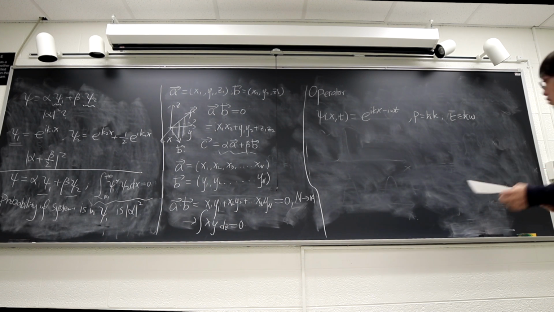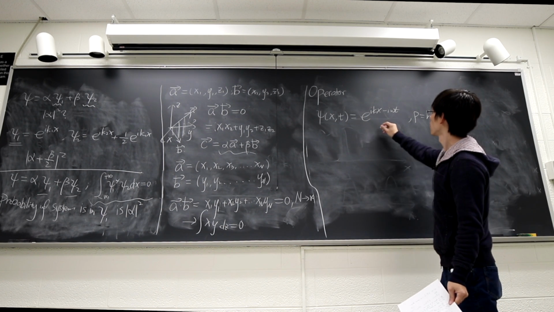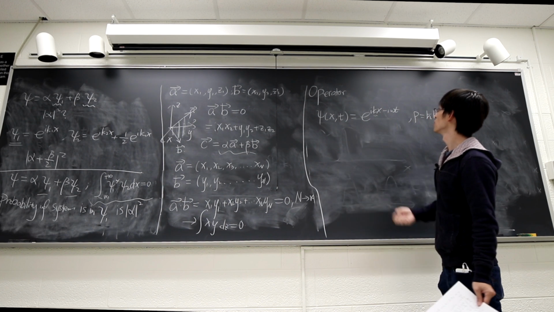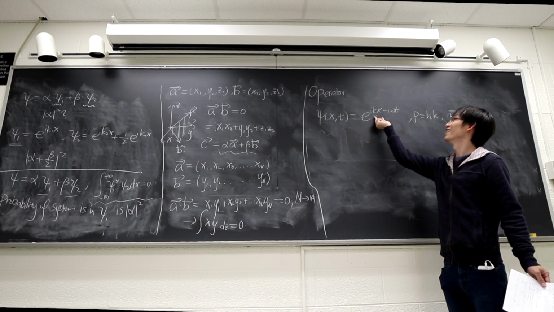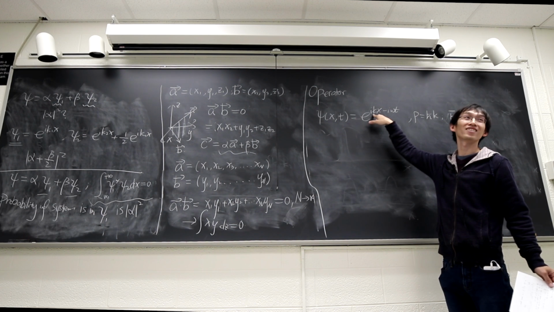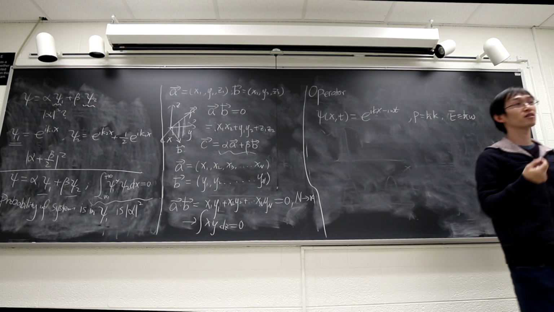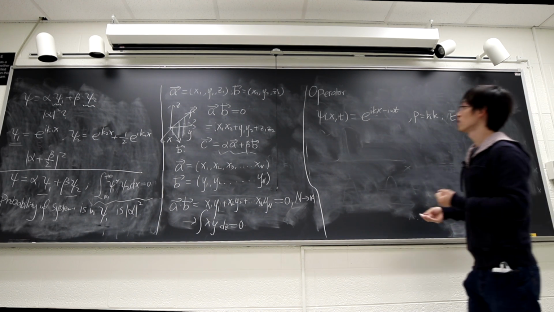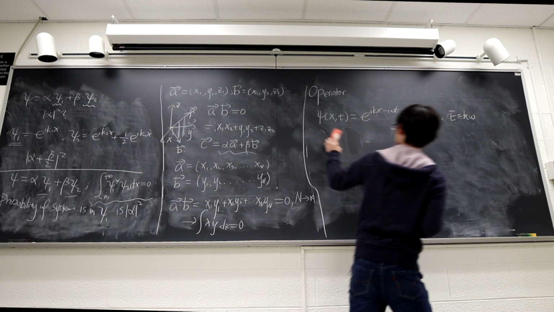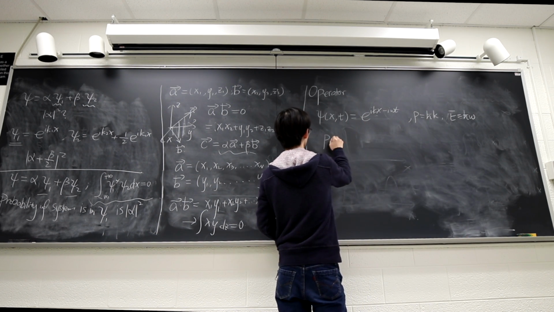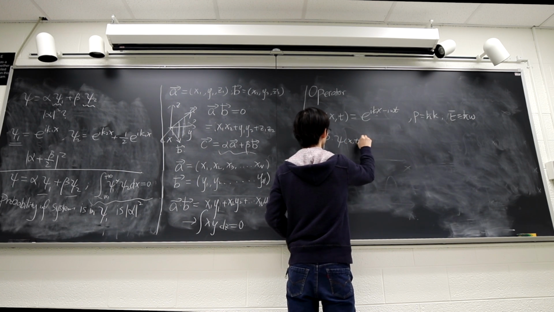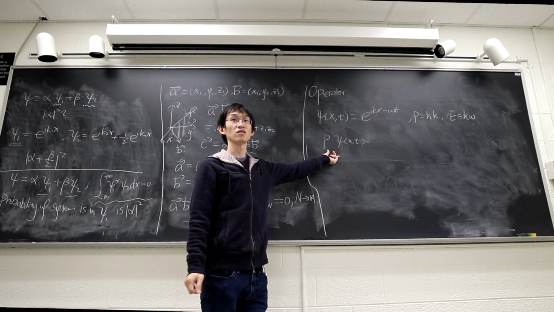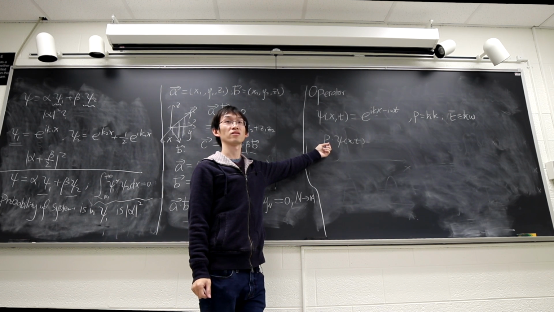One way to get momentum is to look into this wave function and say, here's the k. This is your momentum. Is there any mathematical way to extract the momentum from this wave equation? Let's say I want momentum times the wave function.